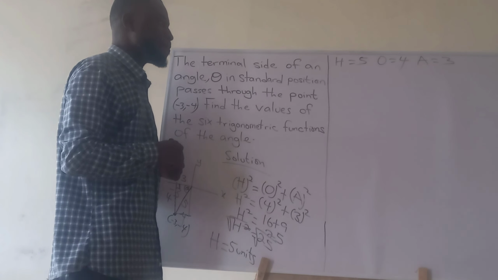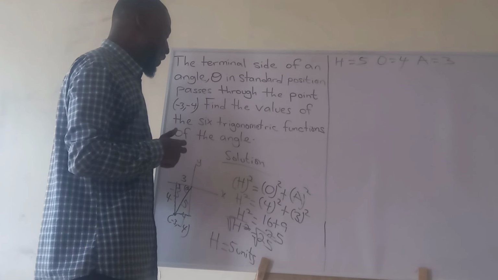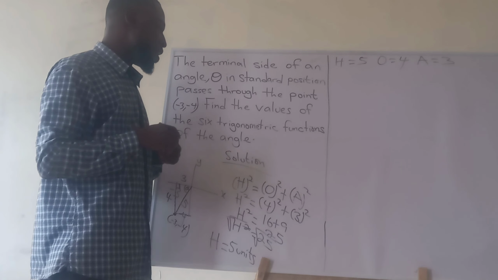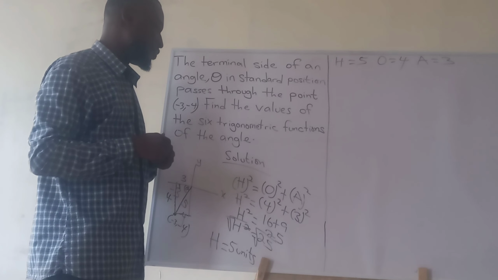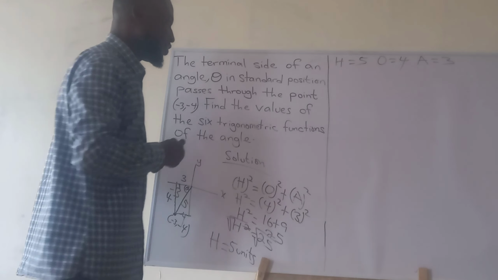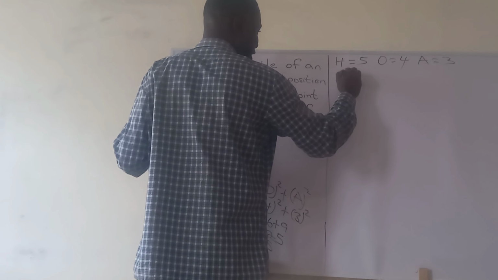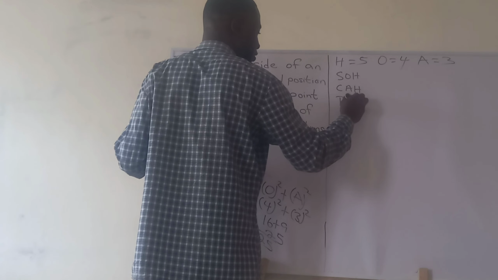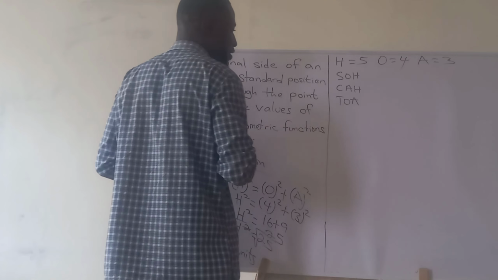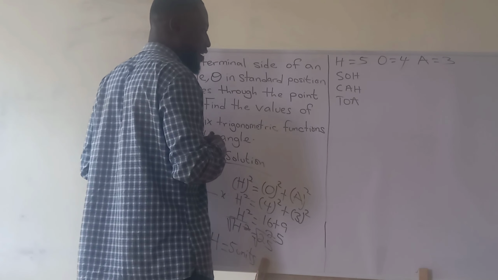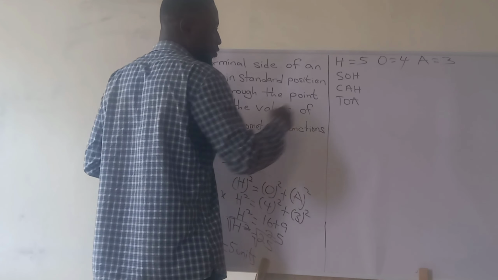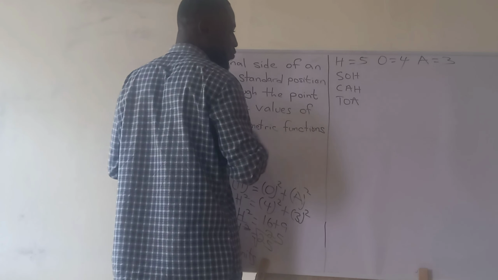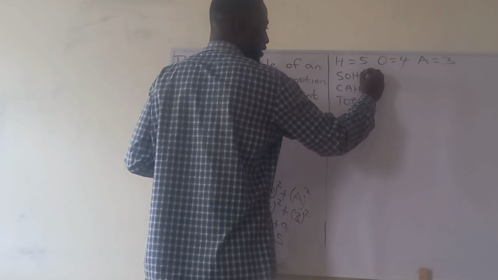After doing this, you move ahead to your ratios. For you to remember the ratios, you have a mnemonic known as SOHCAHTOA. It helps a lot to remember the functions and their ratios. Sine's ratio is opposite over hypotenuse.